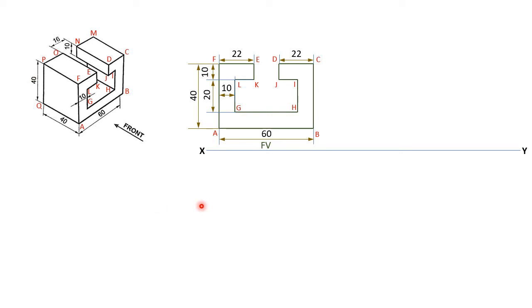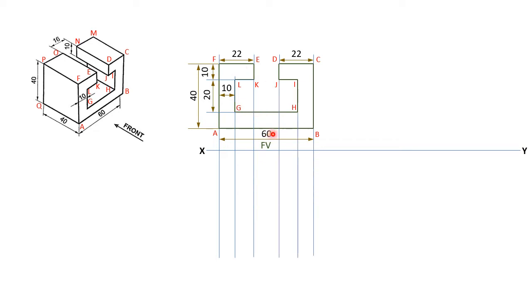Then to get the top view, if we look from the top, we will get the surface PONM FEDC. So to get the top view, we will project FA. Then we will project LG. In this way we will project all the edges.